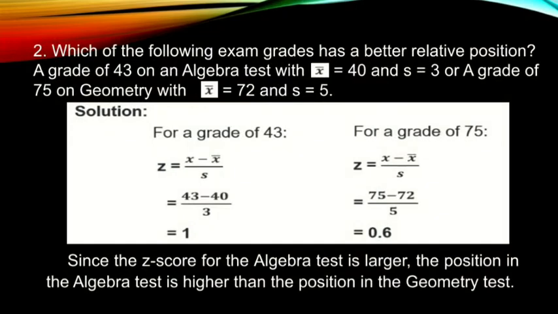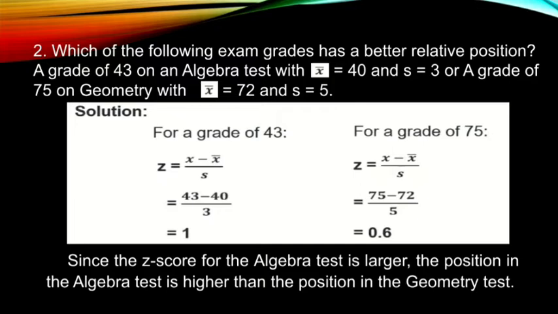Number 2 example. Which of the following exam grades has a better relative position? Okay, here is po the given data. A grade of 43 on an algebra test with a mean of 40 and a standard deviation of 3, or a grade of 75 on geometry with a mean of 72 and a standard deviation of 5.